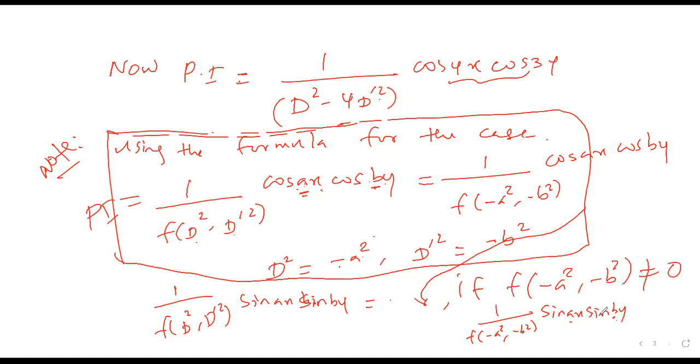It's not a big thing, just to transform. Here d squared will be minus 4 squared, so minus 16. Similarly d dash squared will be minus b squared, here b is 3, so minus 9.